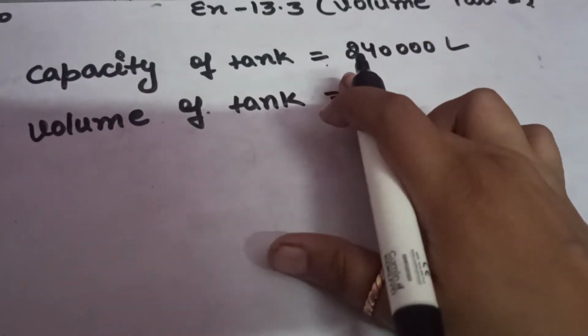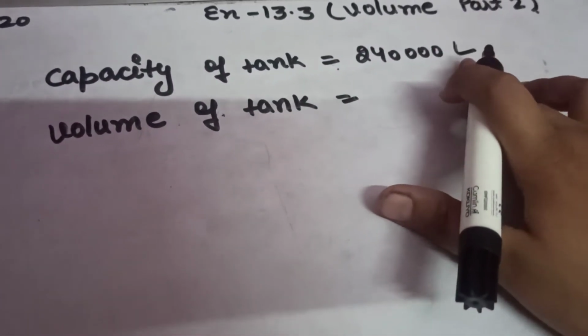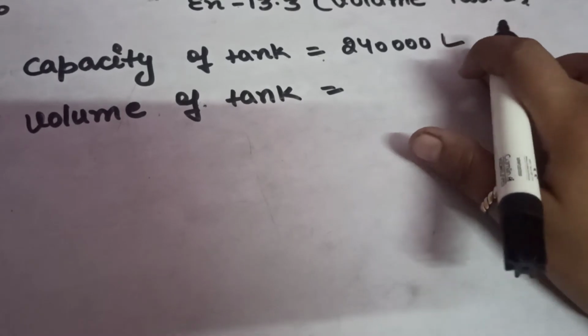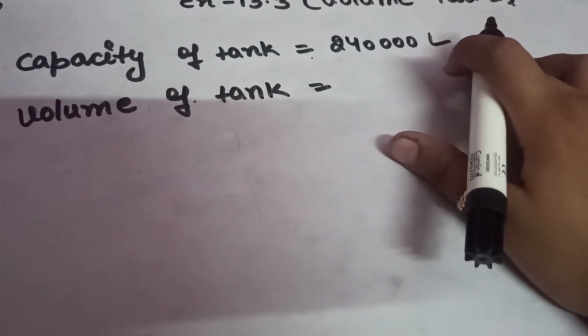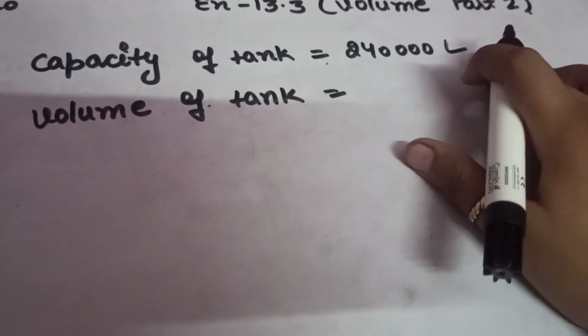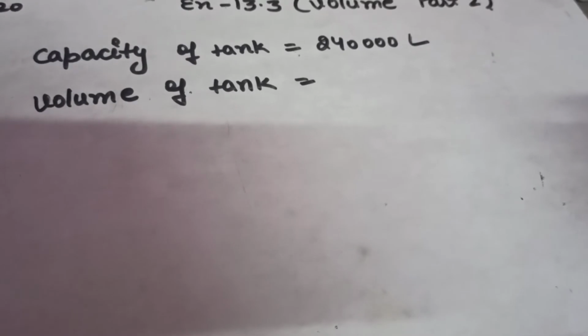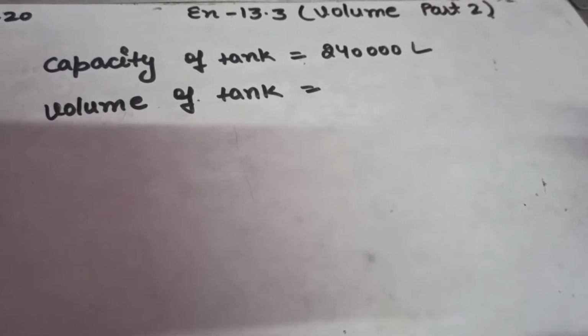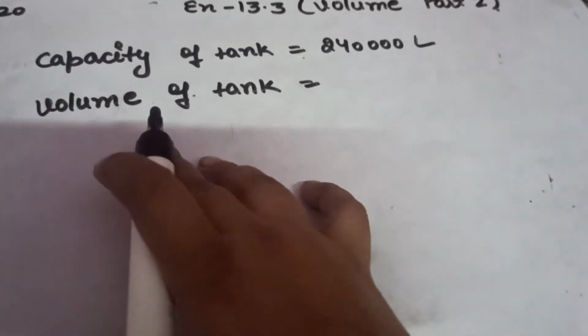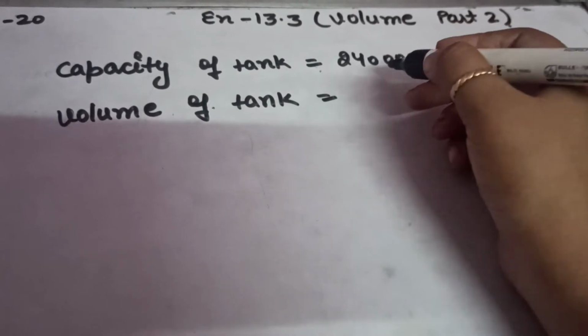See, if the capacity is given in meter cube, then we do not need to convert it. But as you know, we have studied in 4th class that capacity is always in liter. Remember the chapter on capacity in your 4th class. So we have to convert it to volume.